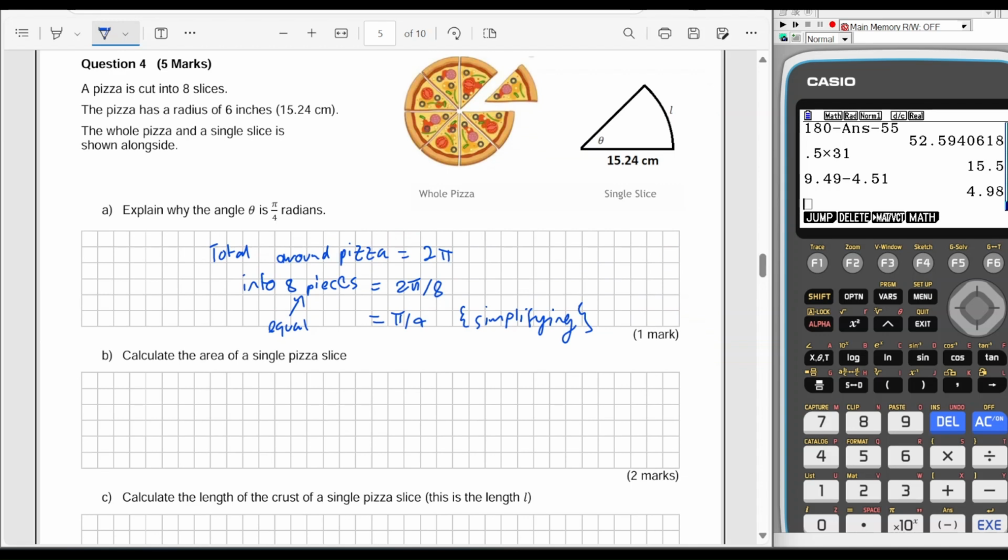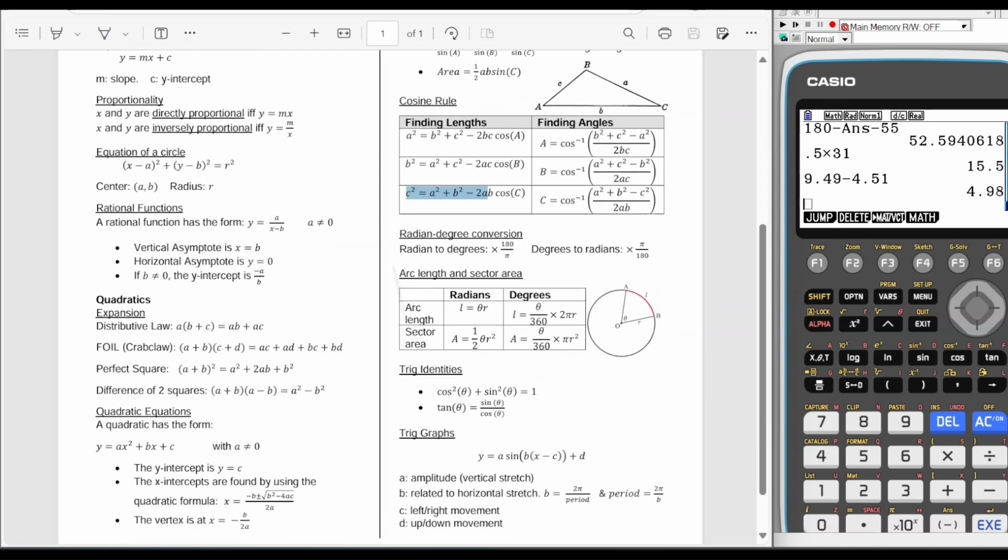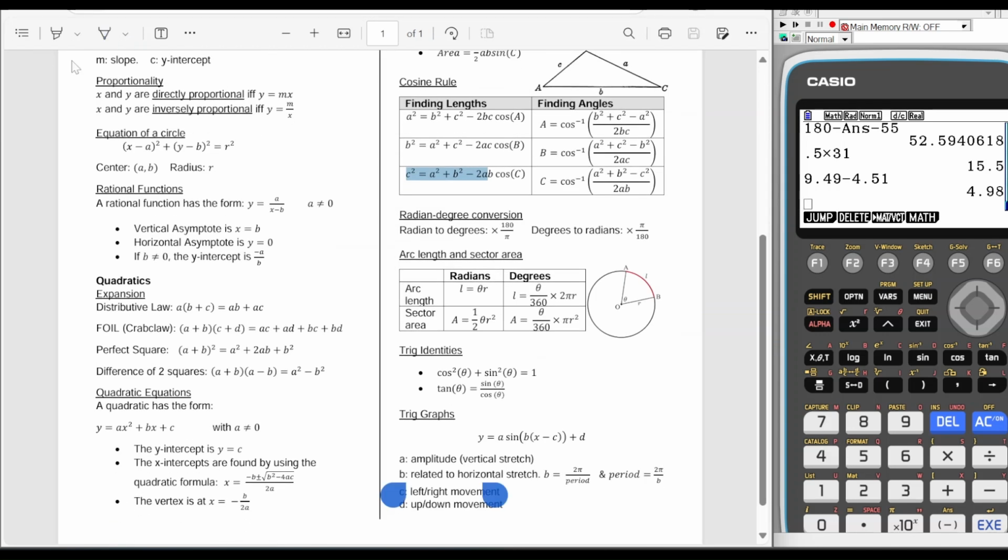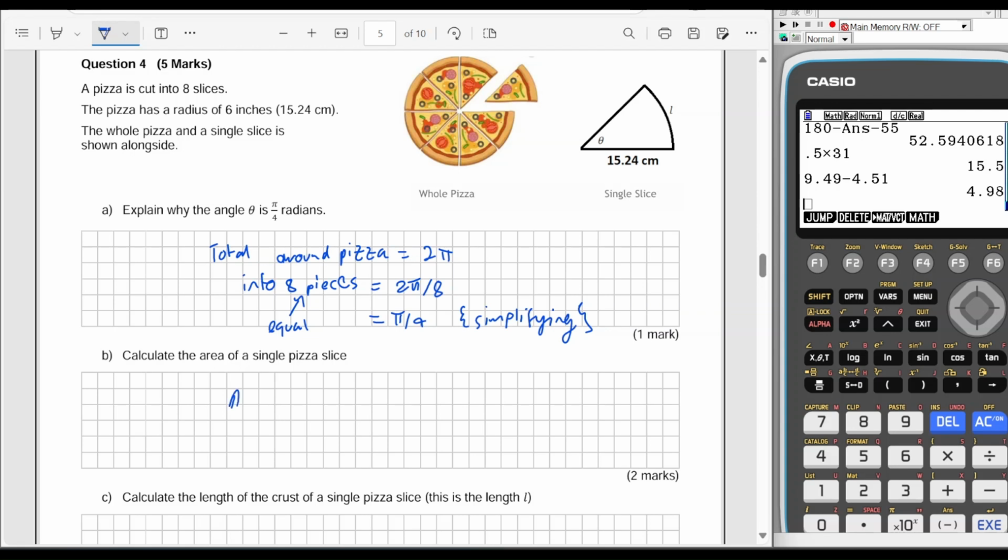Calculate the area of a single slice. So this is where we've got these area formulas here. So just these ones here, we're in radians, which is good. Half theta r squared. So area is going to be half theta r squared. So that's 1 over 2 times pi over 4 times r squared.